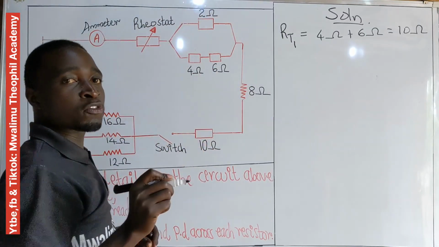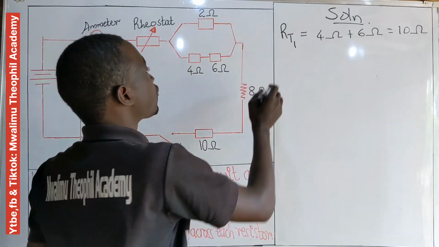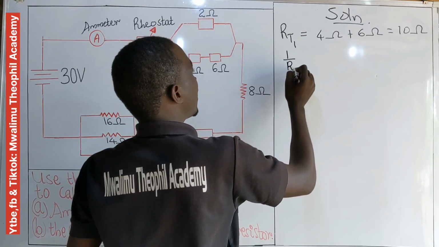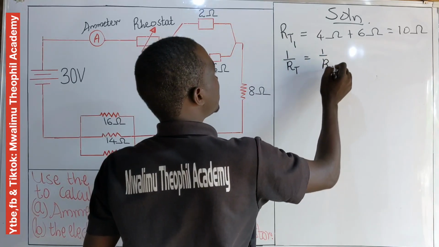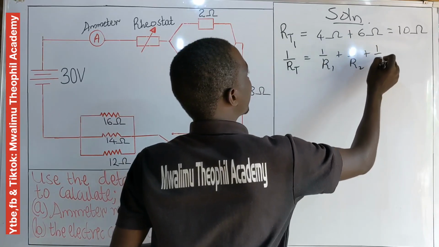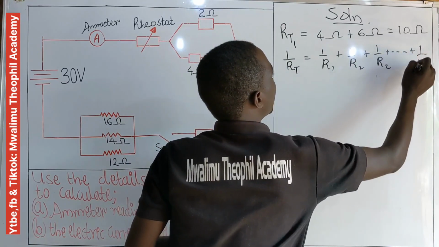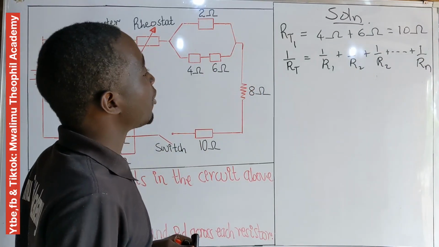For the resistances of resistors which are in parallel, we use this formula: 1 over R total is equal to 1 over R1 plus 1 over R2 plus 1 over R3 plus dash plus 1 over Rn, where n is any given number of resistors.